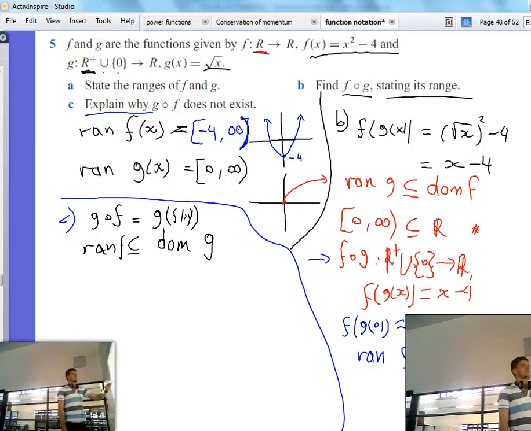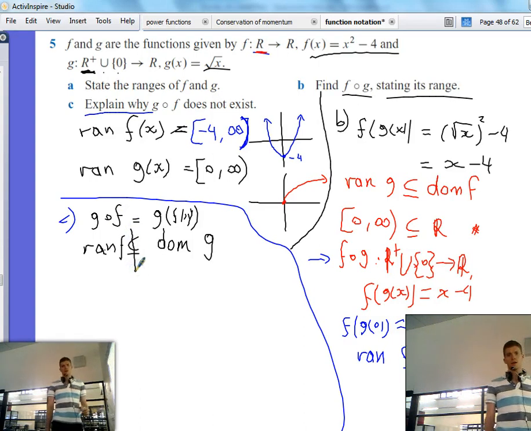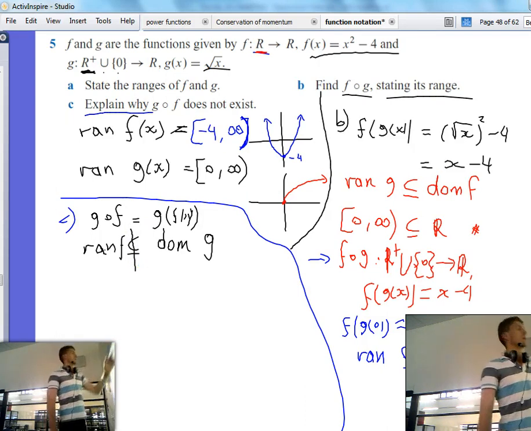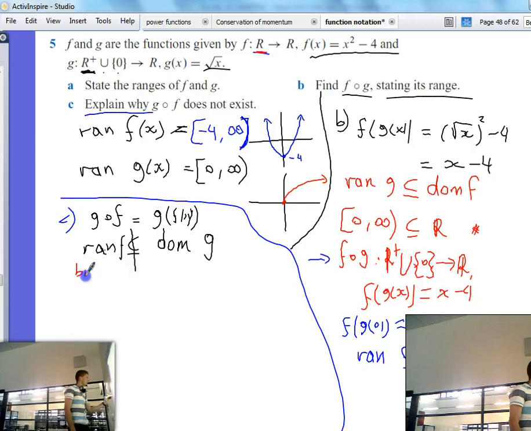We're looking at this final part, thinking about does g of f exist? For it to exist, the range of f has to be a subset of the domain of g. For it to not exist, it cannot be a subset. So in other words, this has to be bigger than the box, and this one has to be smaller.